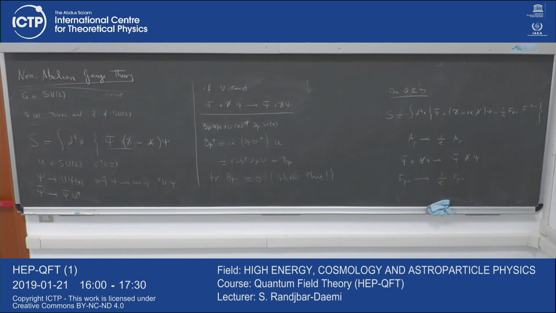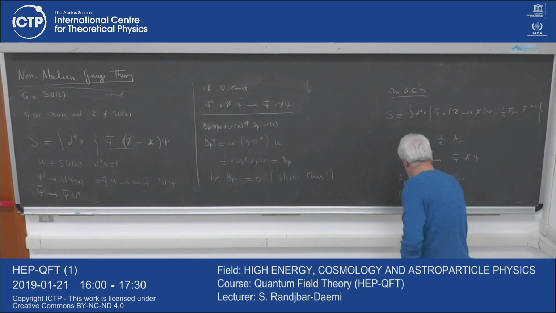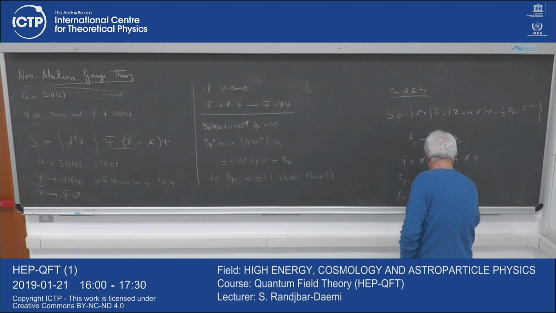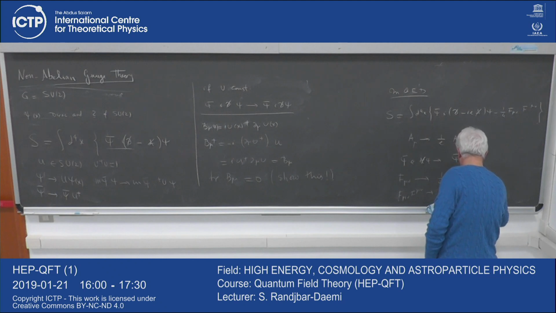F mu nu is d mu A nu minus d nu A mu. There's only 1 A, and if you replace A by 1 over E times A, it will go to 1 over E times itself. Therefore, F mu nu squared will go to 1 over E squared times F mu nu squared.